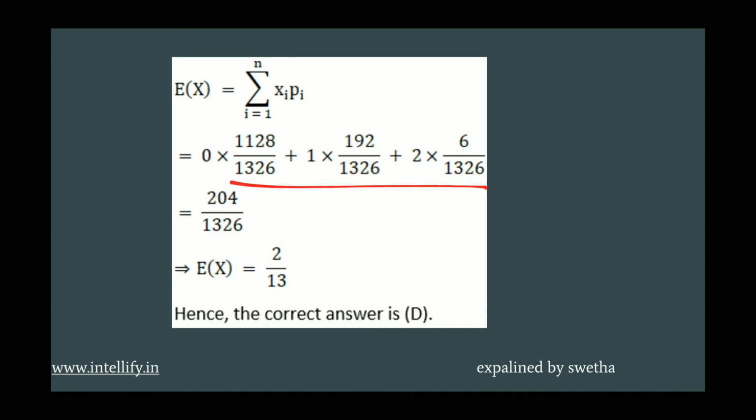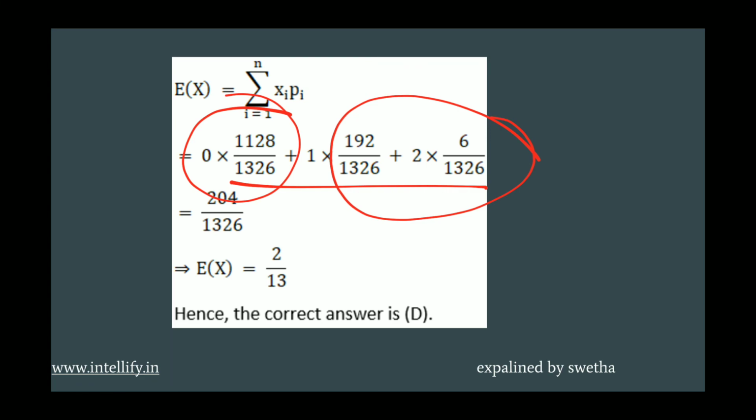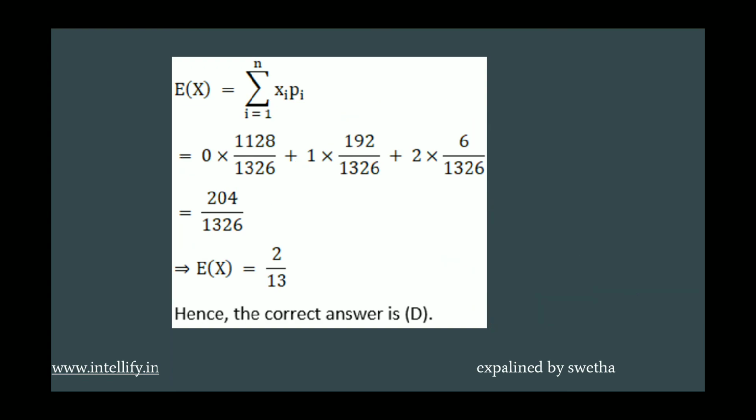The first term is 0. On further calculation we get 204 divided by 1326, so E of X equals 2 divided by 13.